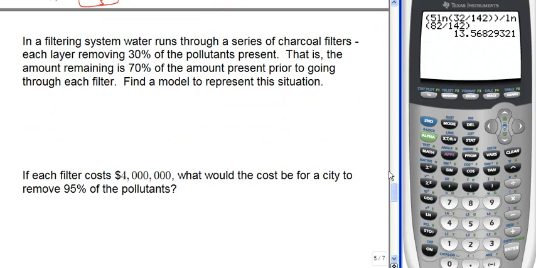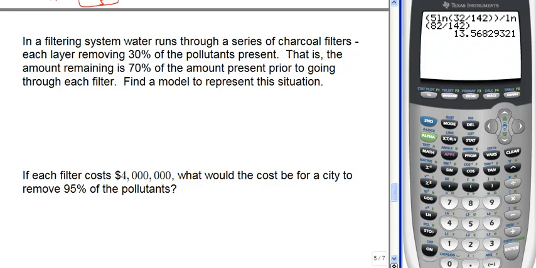All right, the next example is a little bit different. This time you have a filtering system which water runs through. It's going to send water through a series of charcoal filters, and each time the water goes through one of these filters, a layer of pollutants gets removed. So when the water runs through this series of charcoal filters, each layer removes 30% of the pollutants present.